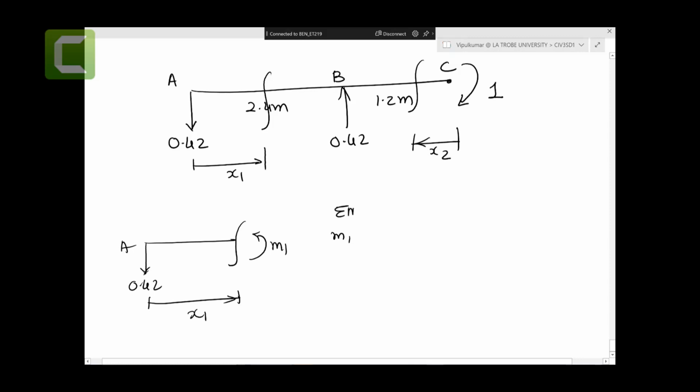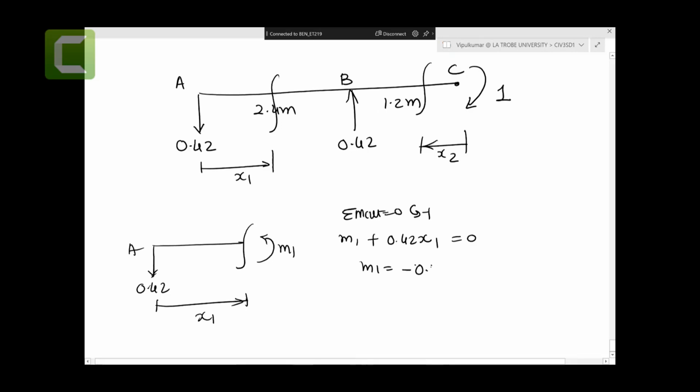So the moment at the cut equals 0, anticlockwise is positive: m1 plus 0.42 x1 equals 0. m1 equals minus 0.42 x1. Right, so your m1 is positive, so that's good.